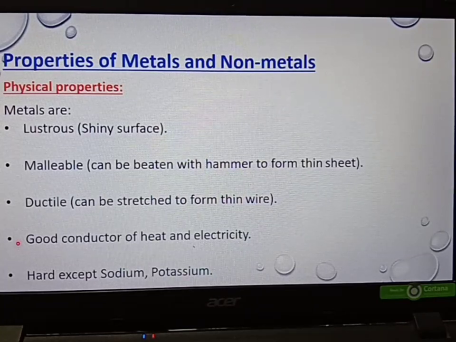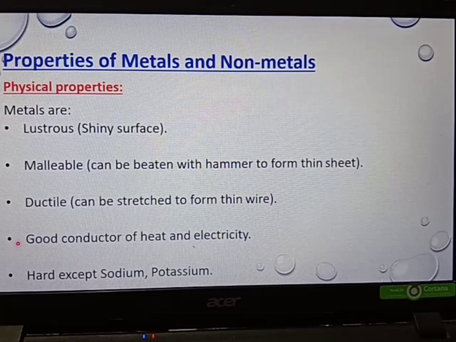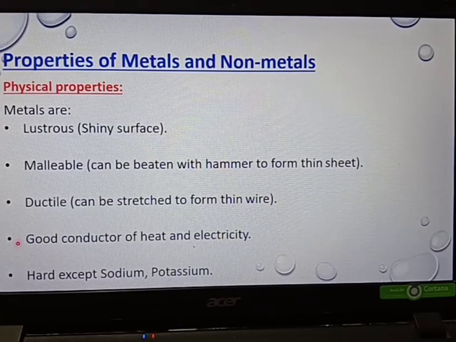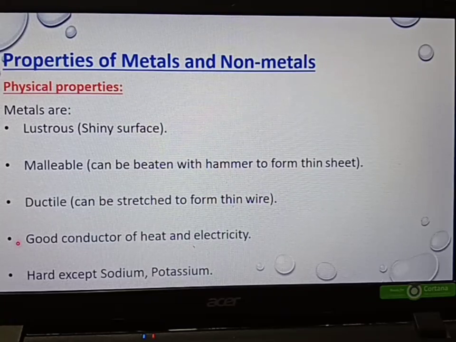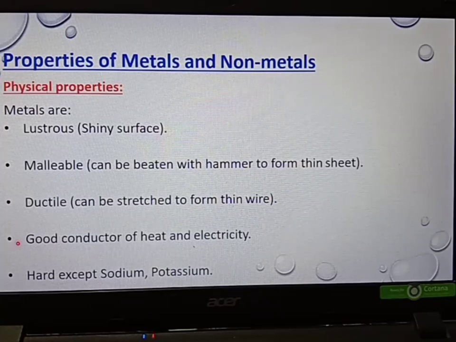Again, metals are good conductors of electricity, or metals allow electricity to pass through them easily. And the electricity will pass from one corner to another corner of the metal due to the free electrons present in it.